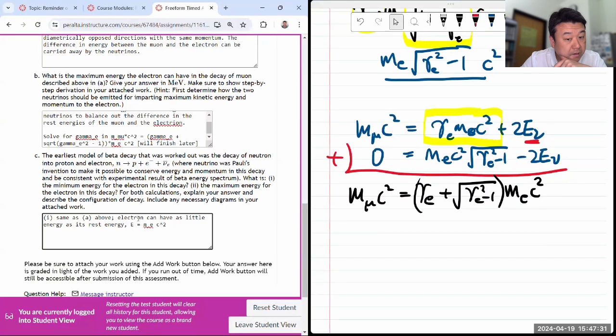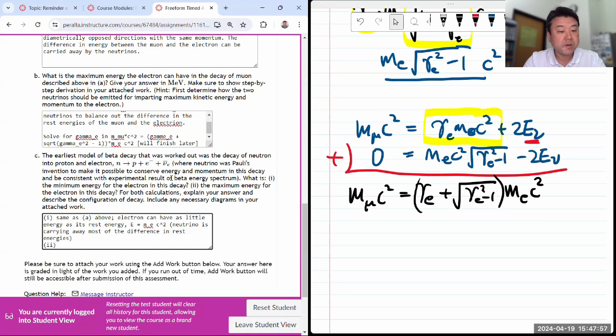And what is the maximum energy for the electron in this decay? So, because it's a neutron decaying into this, here, the first one, the neutrino is carrying away most of the difference in rest energies.